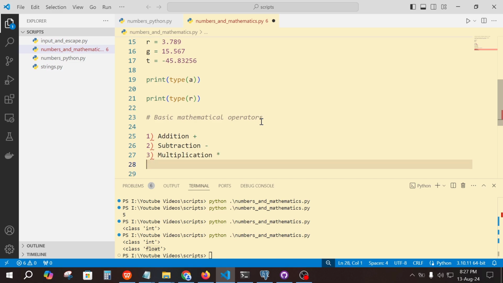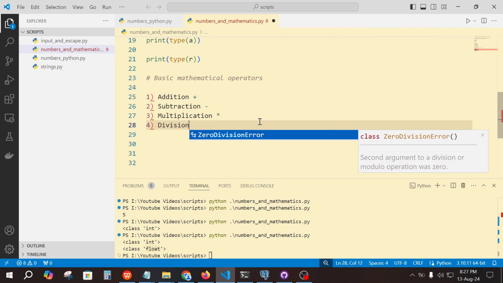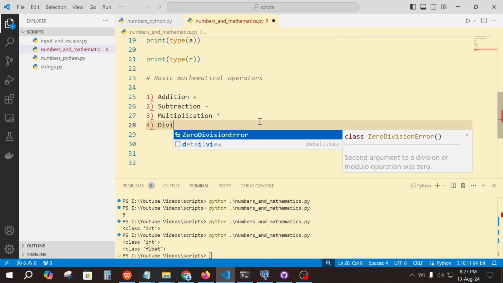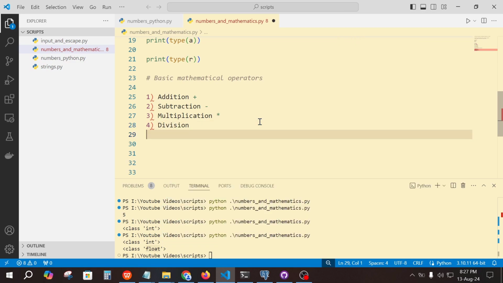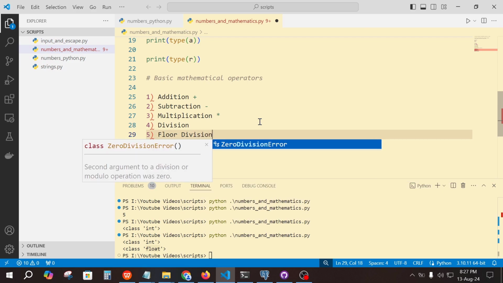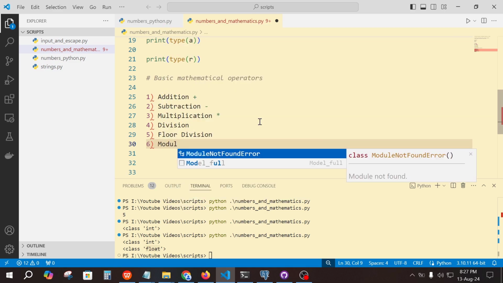And then we have division. After that we have floor division. This is something interesting, which returns the answer as an integer instead of a float. We will see it in a minute.